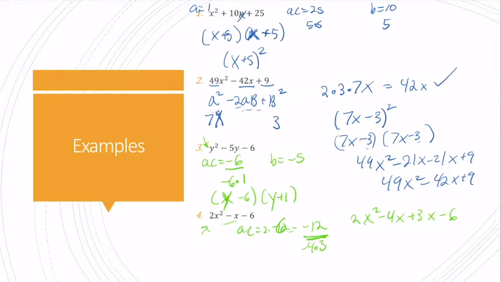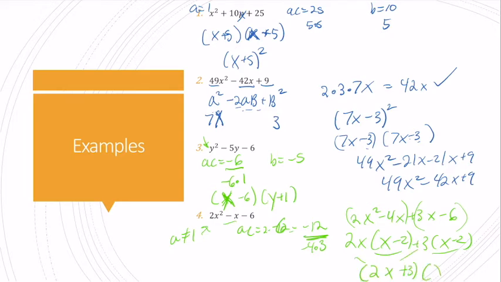And I couldn't use this little shortcut because a doesn't equal 1. I've got to factor by grouping. So I have 2x times x minus 2 plus 3 times x minus 2. I did this correctly because both these are the same. Collect my greatest common factors. 2x plus 3 times x minus 2.